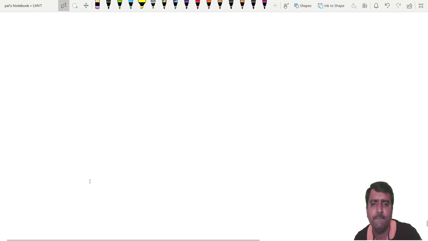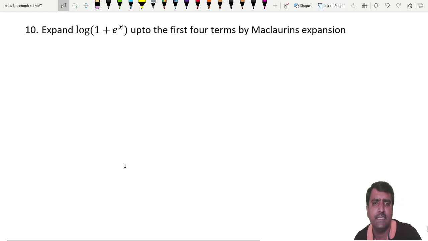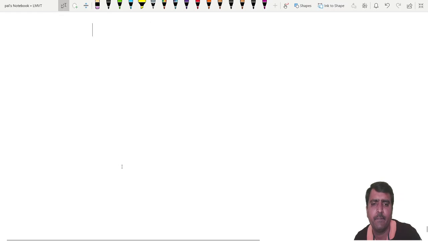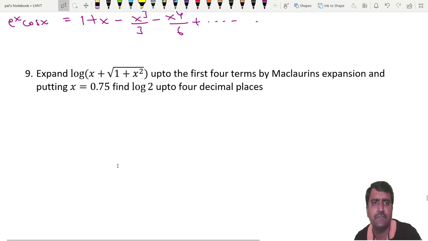And again, try to expand the log of 1 plus e to the power of x up to 4 terms of Maclaurin's expansion. Okay, that's it. So try to find these two values.